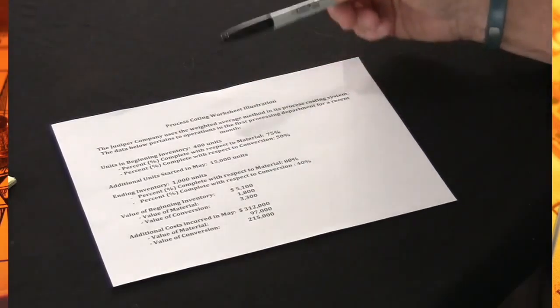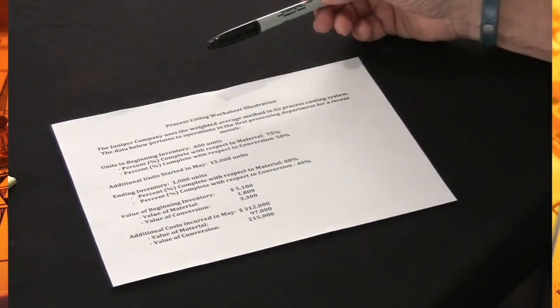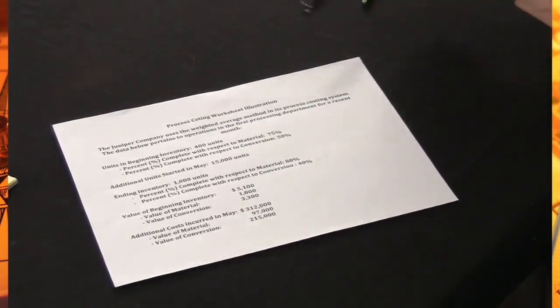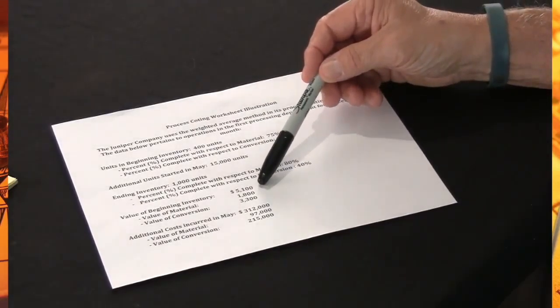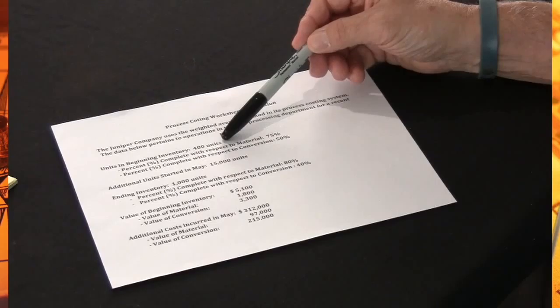The last component that we need to know is the value of the inventory at the beginning and the value of the material and the labor that was added during the period. These 400 units in beginning inventory were worth $5,100, and it was comprised of $1,800 of material and $3,300 of labor and overhead or conversion costs.